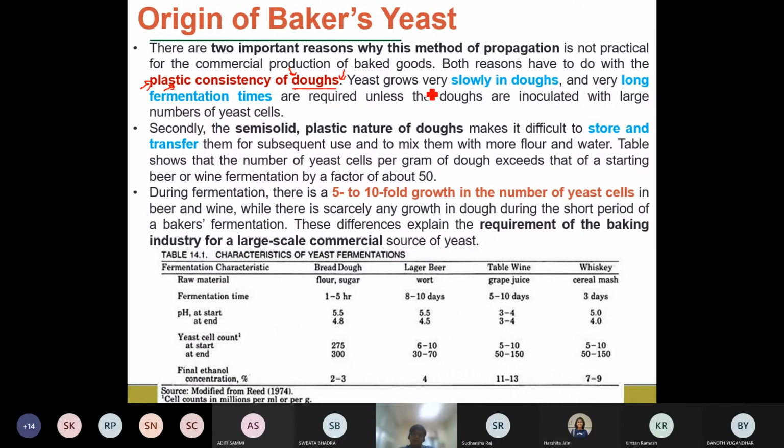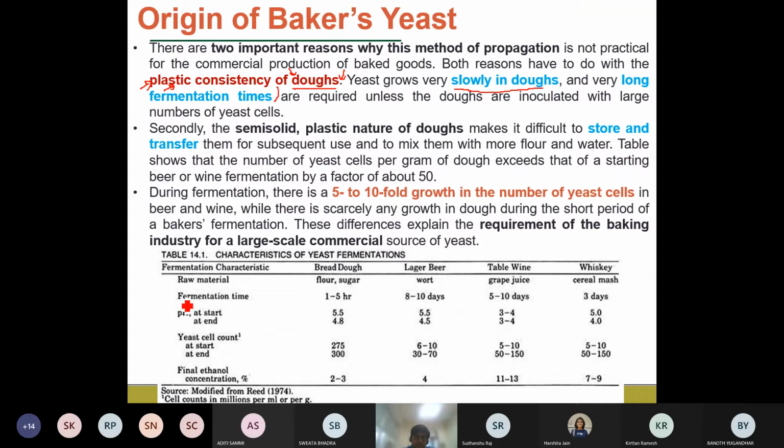But ideally it doesn't happen because of the semi-solid nature of the dough. Because of the semi-solid nature, efficient transfer of the growth nutrients to the yeast is not possible, and generally yeast grows very slowly in the doughs, and they have long fermentation times.